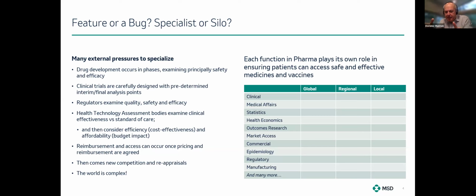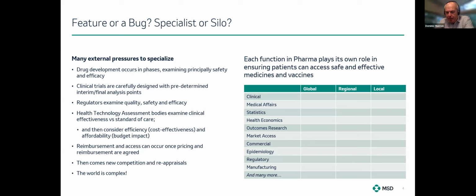We have regulators that examine things step by step, HTA bodies that again examine firstly the clinical effectiveness and then move on to considerations around efficiency and affordability. Then once we have an HTA evaluation, reimbursement, access, and pricing can be agreed. And we have competition and reappraisals from time to time, and the world is obviously increasingly complex.